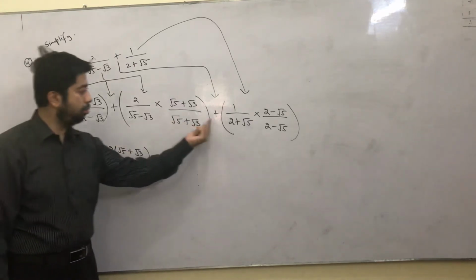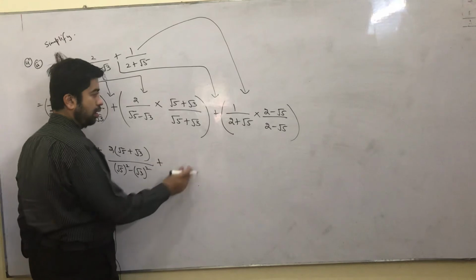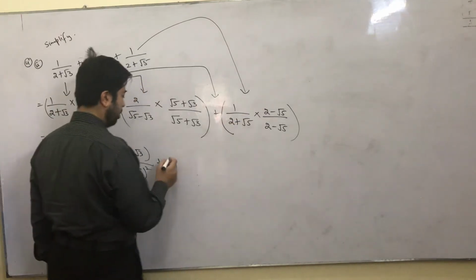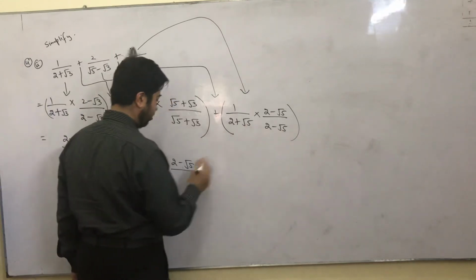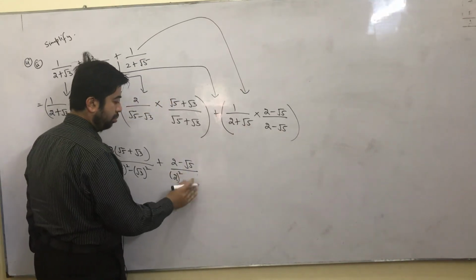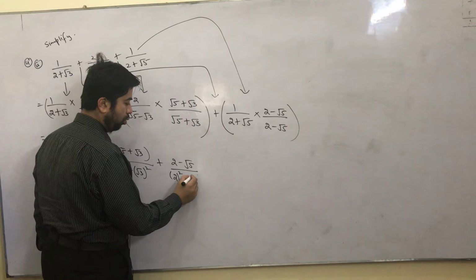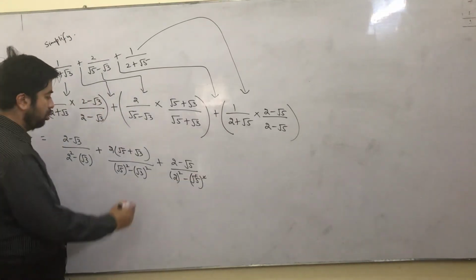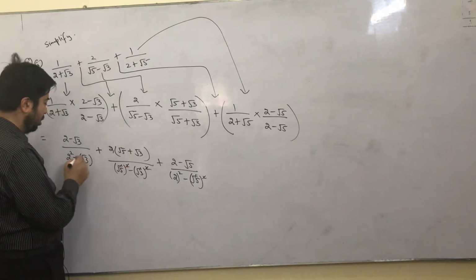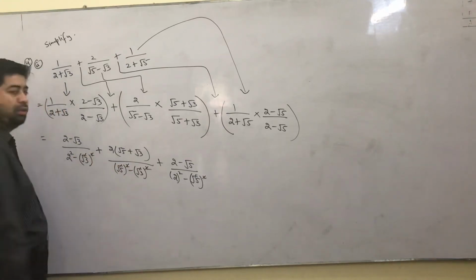After that, the positive sign, and 1 is going to multiply, so (a plus b)(a minus b) gives 2 square minus √5 square. The square is going to cancel with the square root, in each of these places.